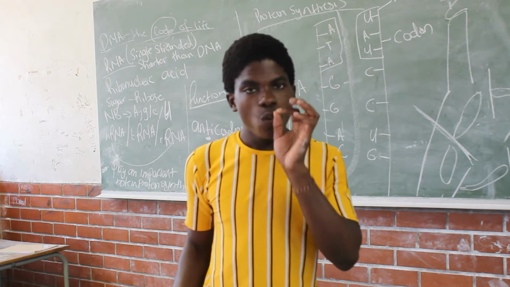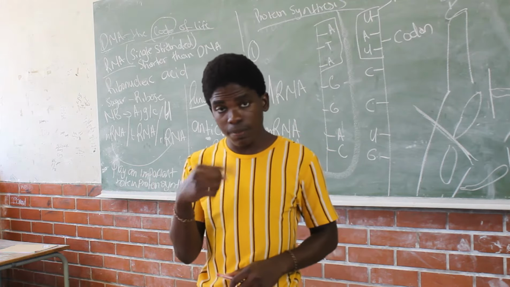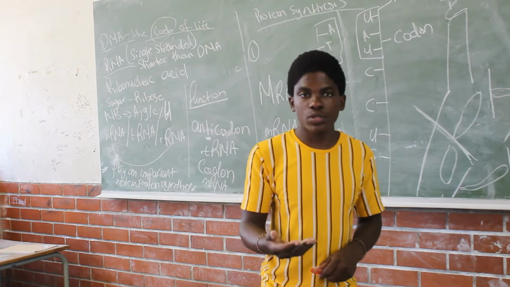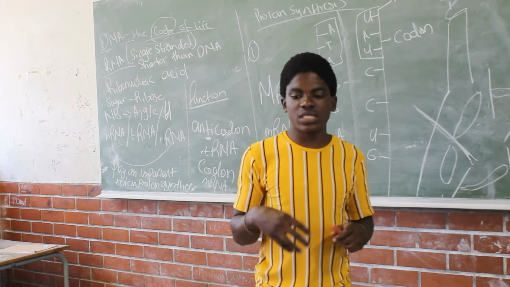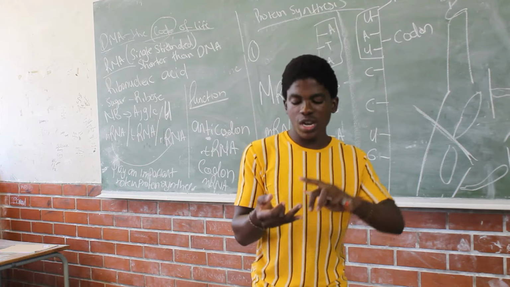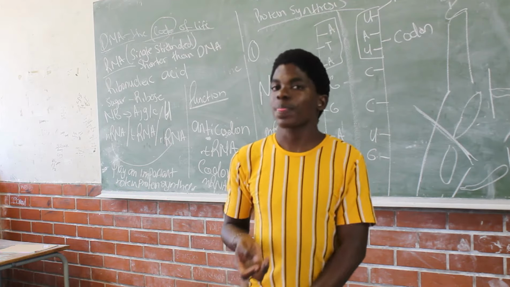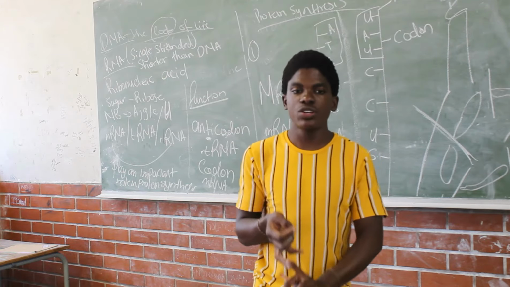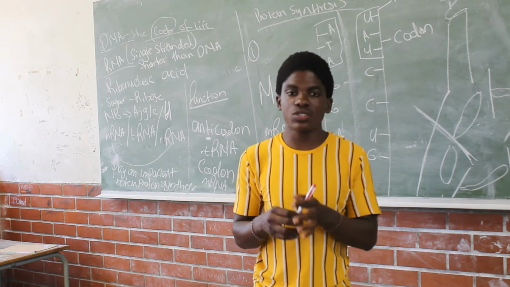So now, when the messenger RNA has attached itself to the ribosome, it starts another process, which is the third part. In some books, it is differentiated into transcription, movement of the messenger RNA, and then translation. In some books, there are only two, which are transcription and translation. So whichever book you are using, it is correct.